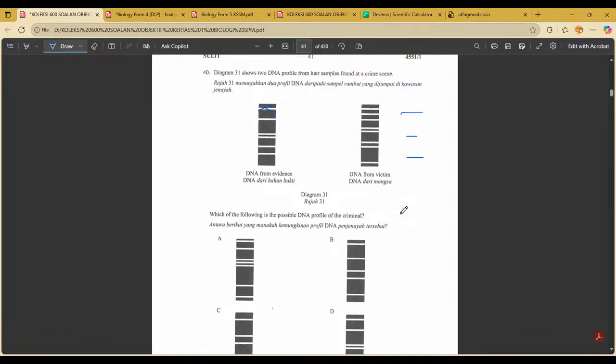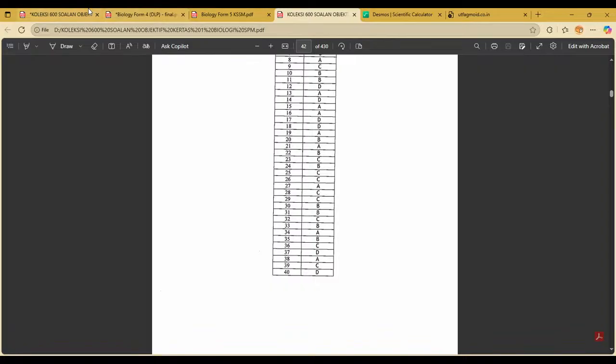If only this was side by side, it would be way easier. The answer is B, gravity.